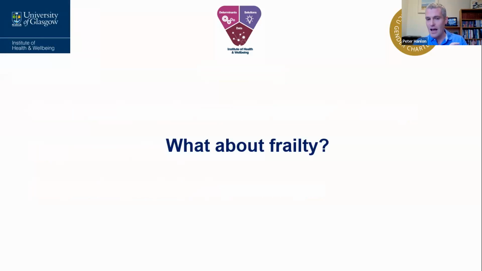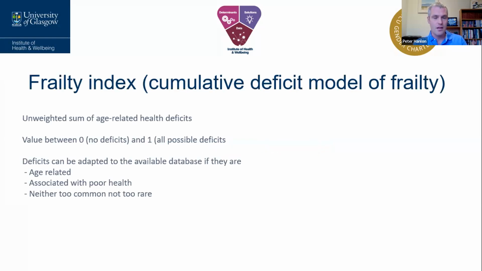So what about frailty? I will touch on this very briefly. There's more in the frailty work than I'm going to present today, but I want to get onto the MLTC focused bit. But we've done some work where we've tried to look at frailty within this same set of trials. The approach we've used is the cumulative deficit frailty index. There are lots of different models of frailty.